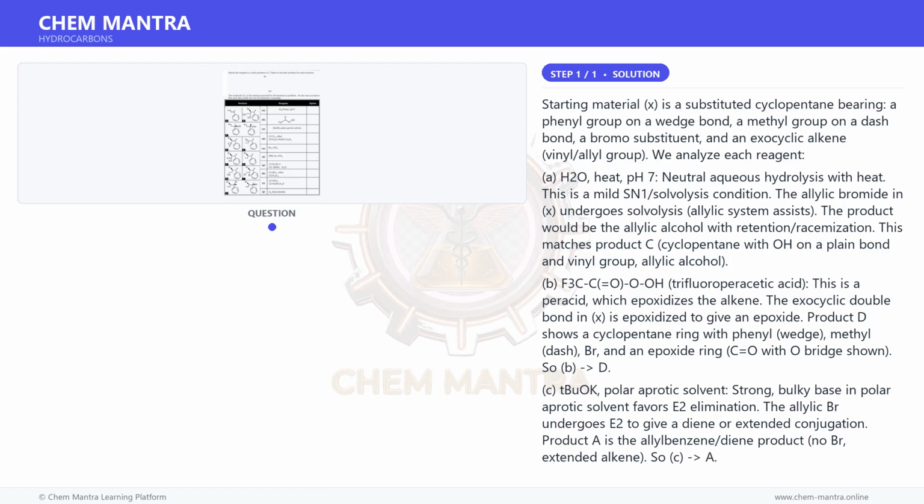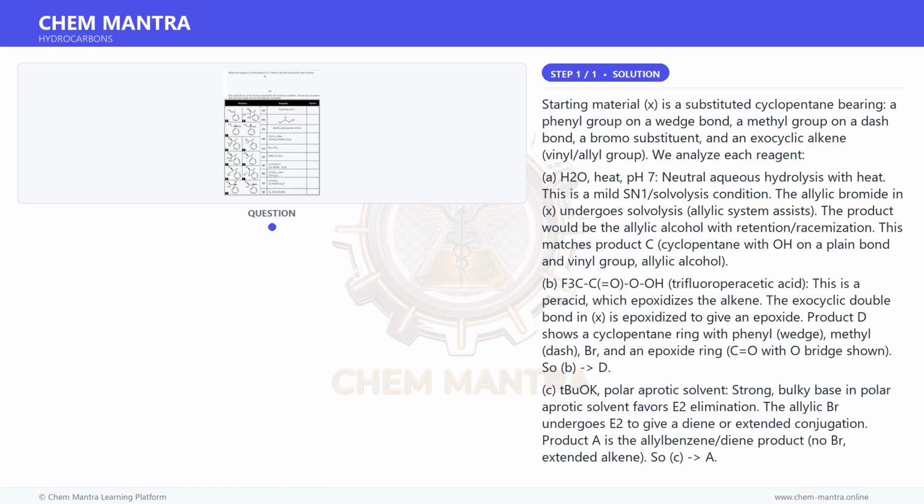Actually, with H3O+ then NaOH, H2O on the starting material with an allylic bromide, acid first could solvolyze the bromide to the allylic alcohol or rearrange, and the workup then gives the aldehyde via an oxidation level change. Product E, an aldehyde on the cyclopentane, fits.